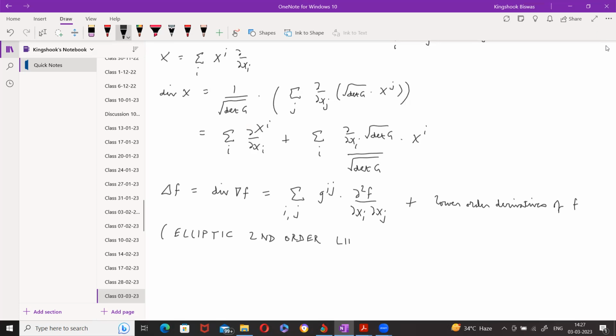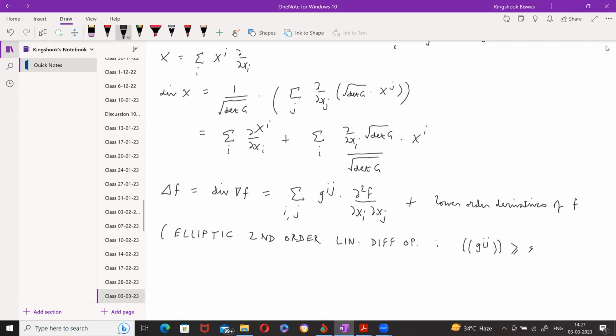And why it's called elliptic is because this matrix Gij, which is coming here, at least on compact sets, is strictly positive definite.